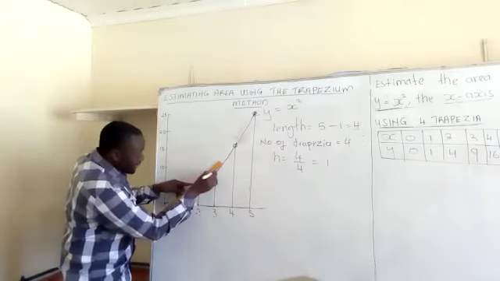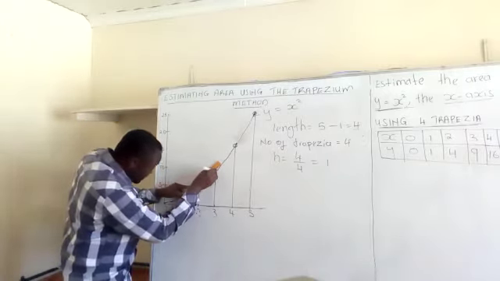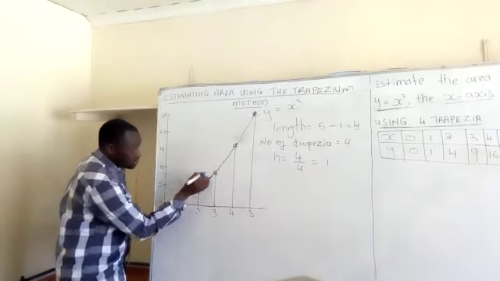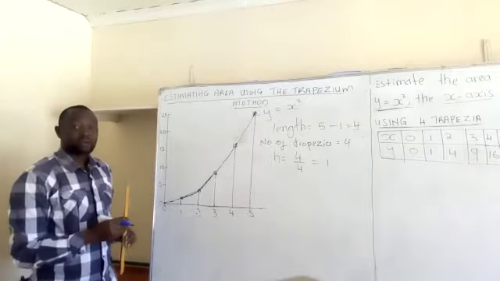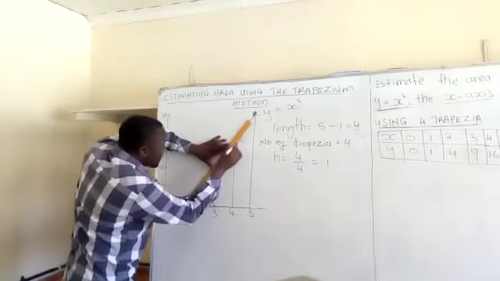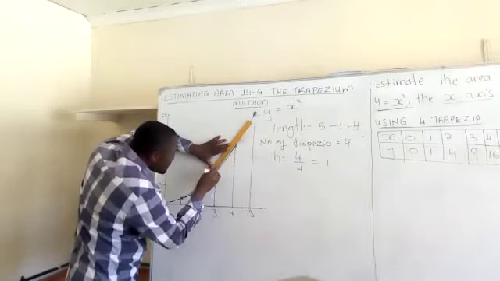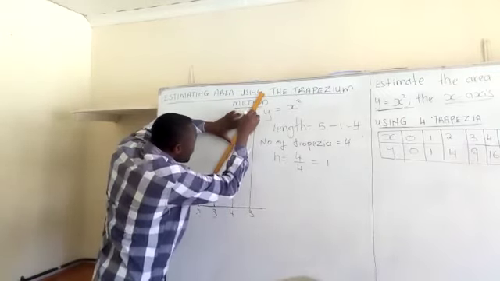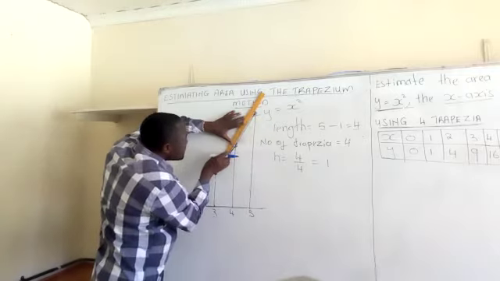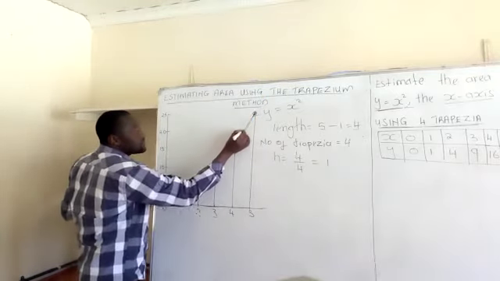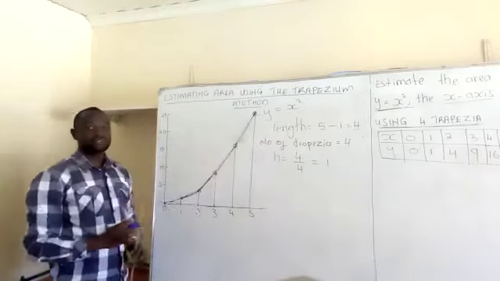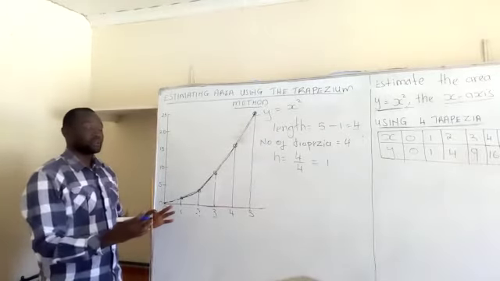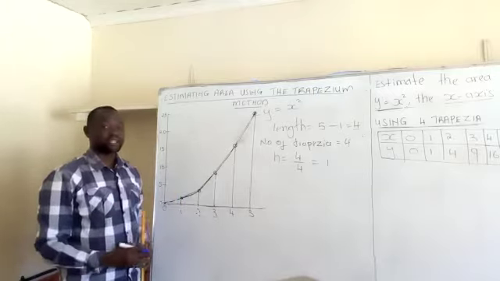In the second again, we are assuming that this is a trapezium. If I draw a straight line here, it includes a smaller part there that is not part of the graph. Therefore, we are now going to take each of these as trapeziums. And you can see by so doing, they are including parts outside the graph to appear as if they are inside the graph. And that is why we are saying we are estimating.